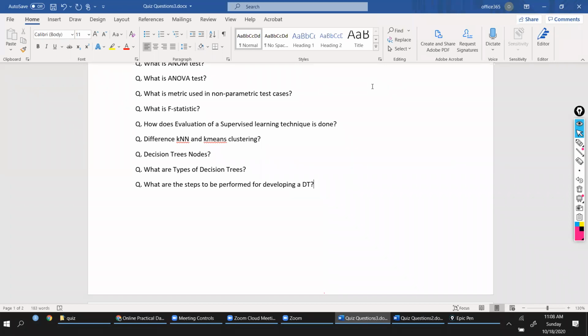Right. Now, what are the advantages of decision trees? Very good. Interpretability, understanding basically. Yes, distribution of the data is not important.